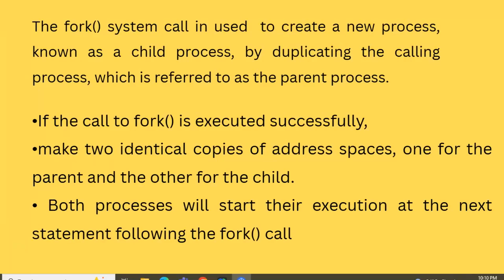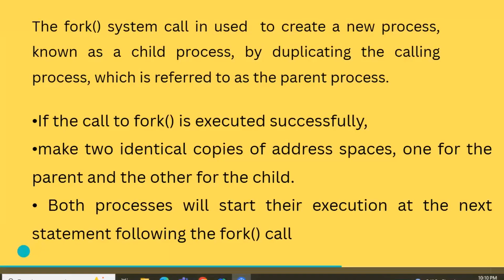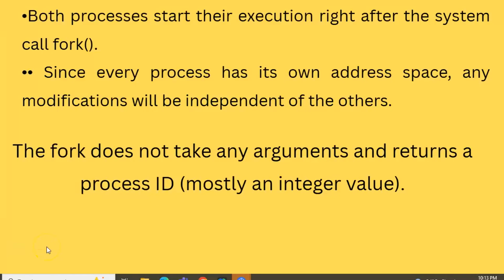It will make two identical copies of address spaces, one for the parent and one for the child. Both processes will start their execution at the next statement following the fork call. Since every process has its own address space, any modifications will be independent of the others.